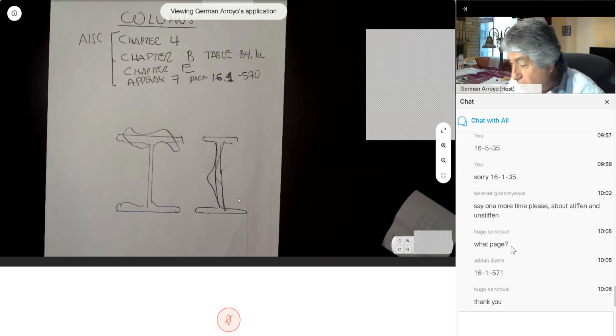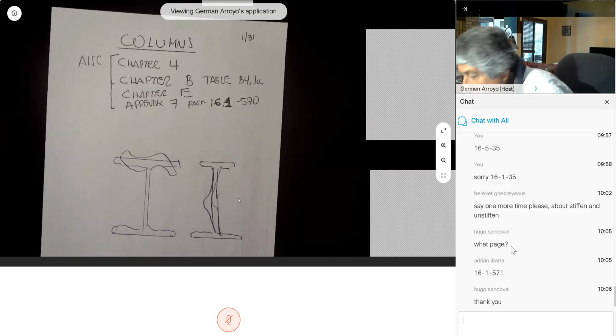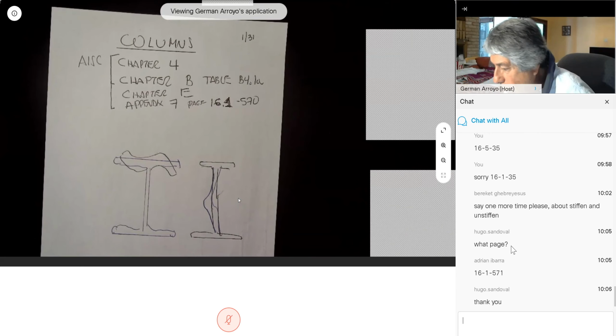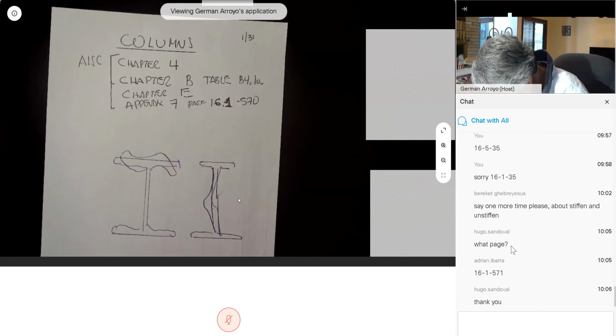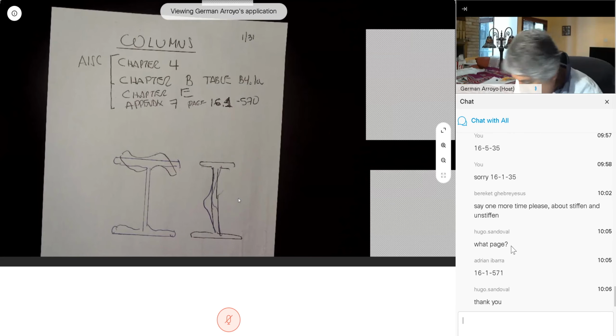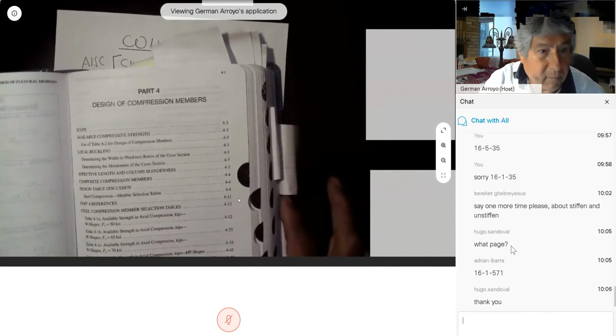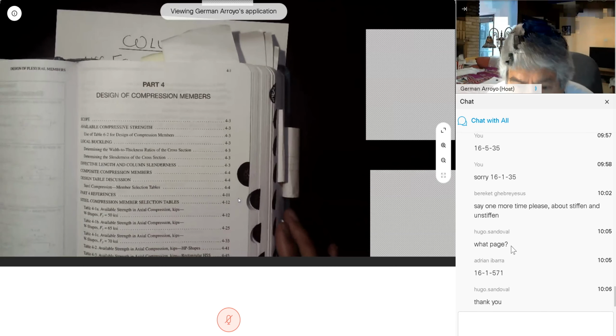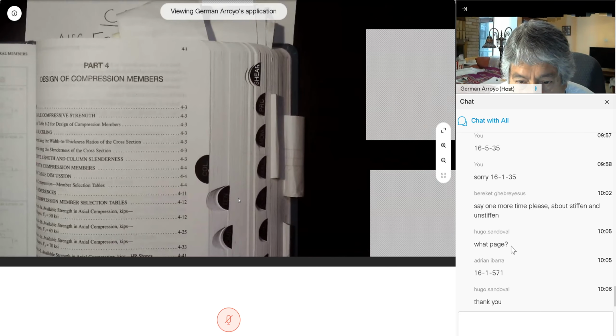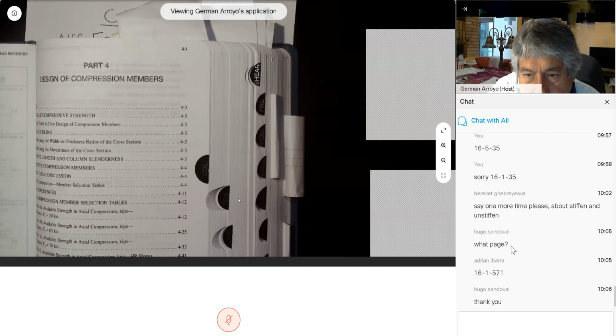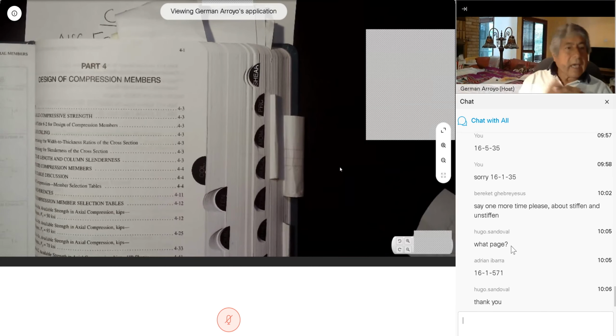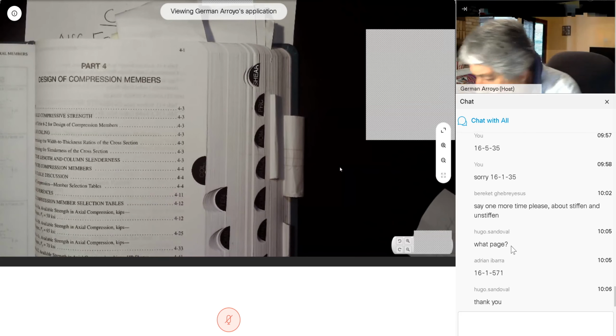So now we're going to go to chapter 4. This is chapter 4, page 4-1. Okay, look, in this chapter, we have everything that we ever wanted.